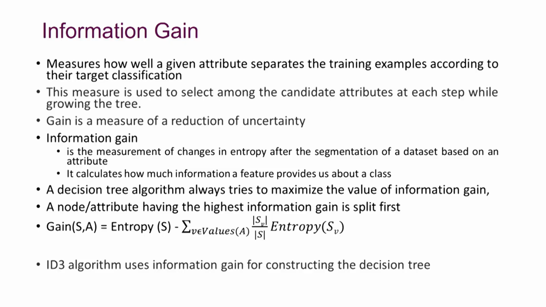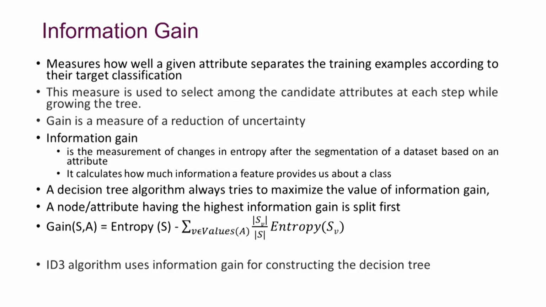So, what is the difference between these two entropies. It calculates how much information a feature provides us about a class. So, when we use a particular feature for splitting, then after splitting, how much information it has provided for the class of those instances in the subnodes. That is why it is called information gain, and a decision tree always tries to maximize the value of information gain.